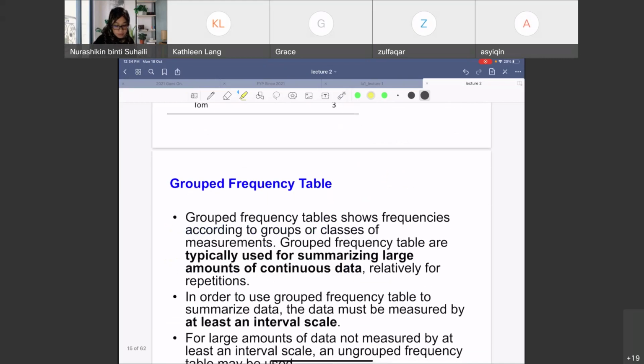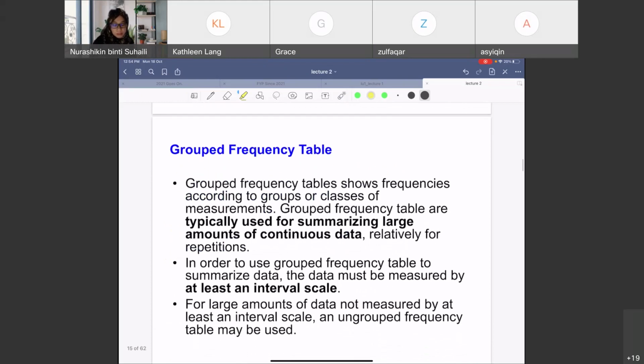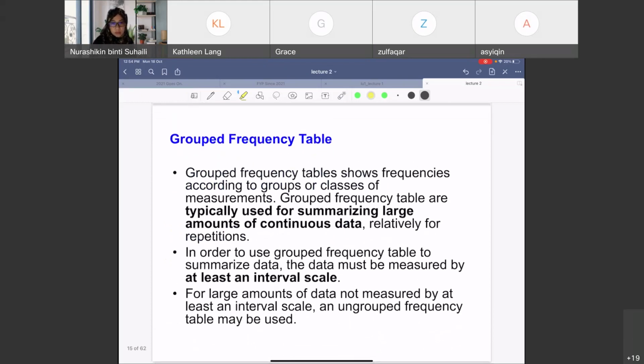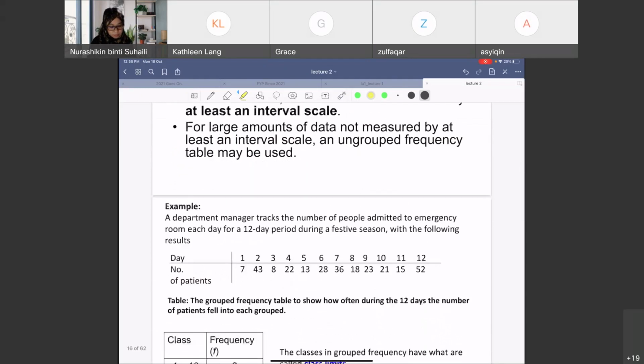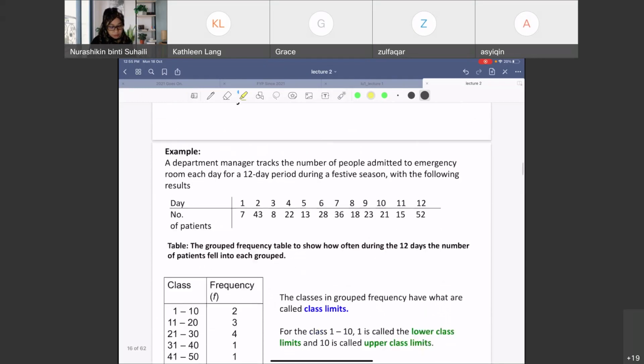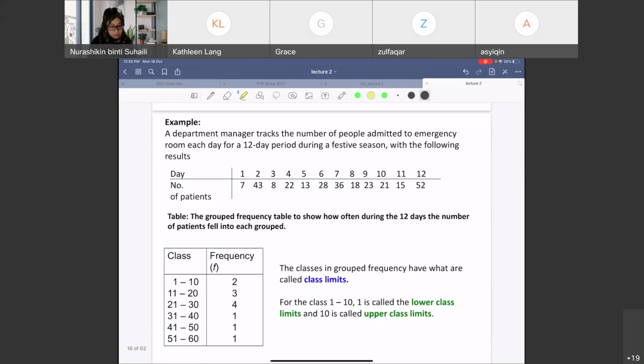Okay, now let's move to the group frequency table. What is meant by group frequency table? Your objective is still the same. You want to organize your data, but in a group form. I'll go directly into an example so that it's easier. Let's say this is the data that you have: the day, number of patients.